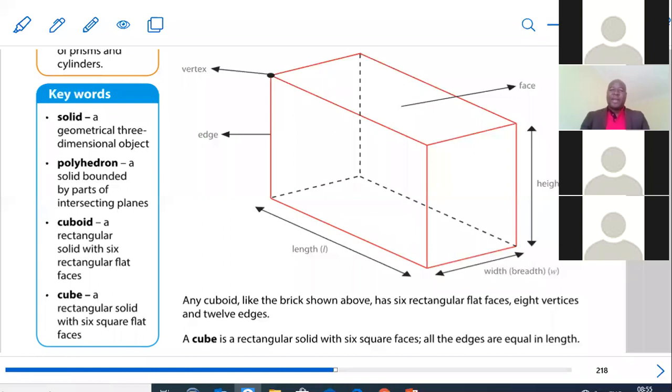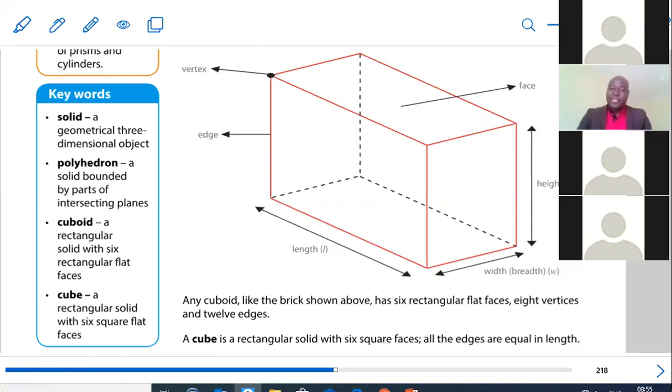So you should know by now what a 3D object is. We say that it consists of the length, the breadth, as well as the height. If you look at this particular 3D object here, this is the length of the object.